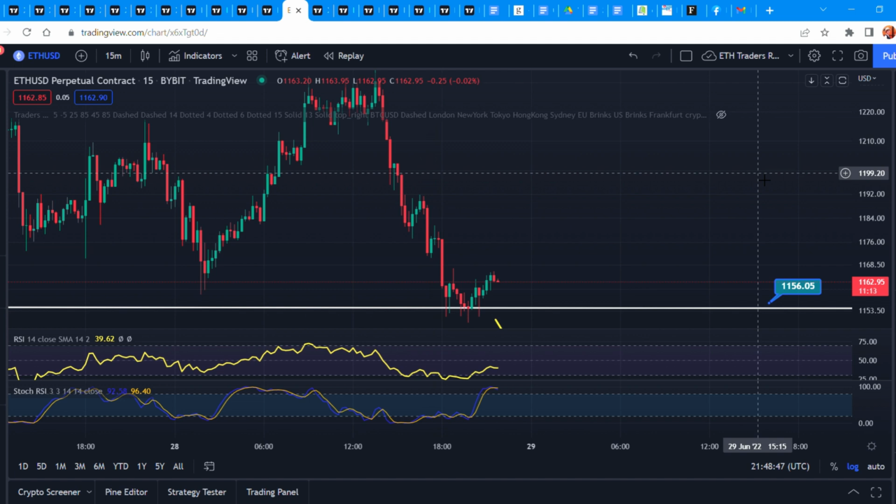Now, if you're trading the 15-minute, taking your signals on the 5-minute, then your hour and your 4-hour are your background timeframes. But that means you still need to watch the daily for the general trend.